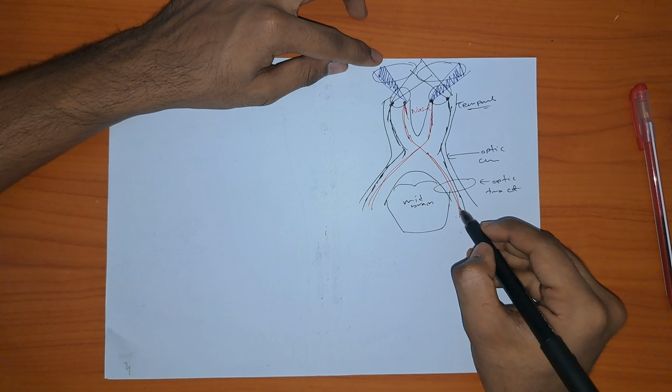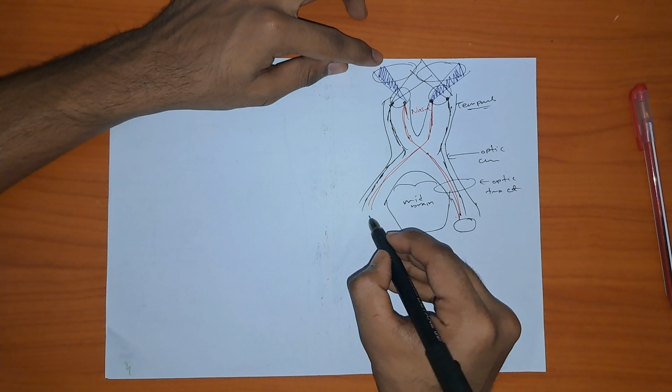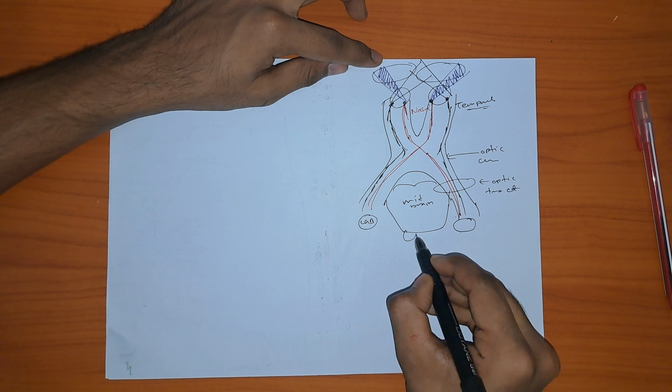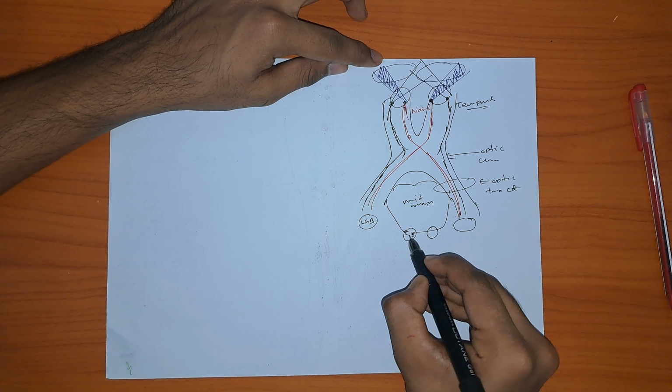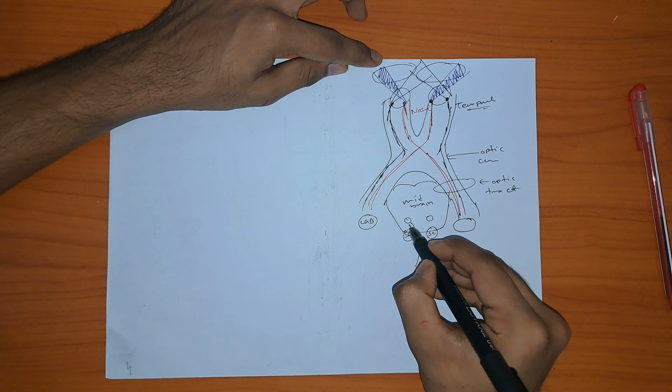After coming from the optic tract, it will relate to the lateral geniculate body, and this is the superior colliculus, and we have the pretectal nucleus.